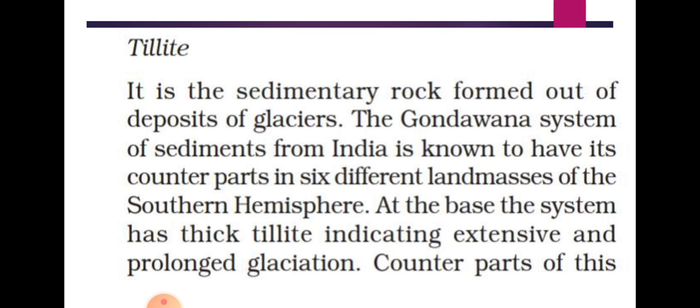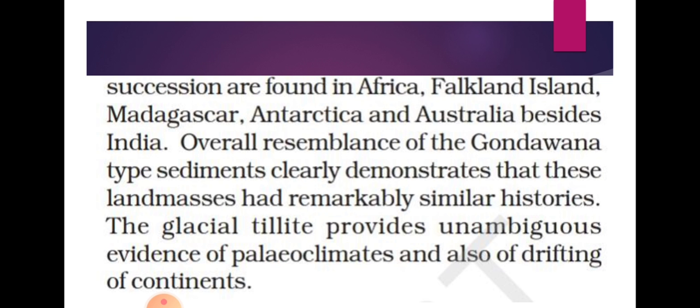In the Gondwana system, the sediments of India are known to have their counterpart in 6 different land masses of the southern hemisphere. We have seen that the counterparts are found in Africa, Madagascar, Antarctica, Australia, besides India. Overall, it shows that Gondwana type sediments clearly demonstrate that these landmasses had similar histories.